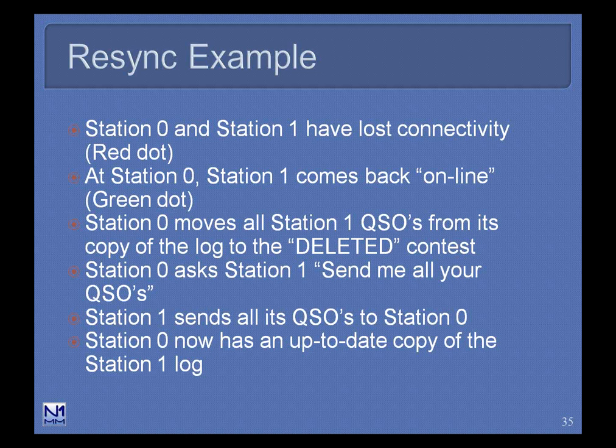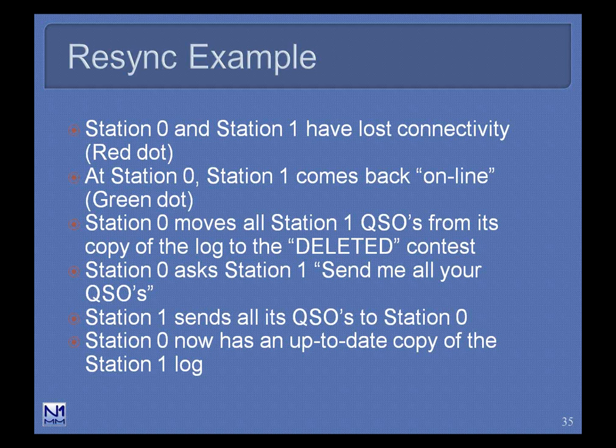So what happens is station 0 says, uh-oh, station 1 has come back. It was previously down. I'm going to go and delete all the contacts from station 1, because I don't know what station 1 could have been doing while we weren't communicating with each other. So it's going to move a copy of station 1's contacts to the deleted contacts. And then station 0 is going to ask station 1, send me all your contacts. So at this point, station 0 has no contacts for station 1.